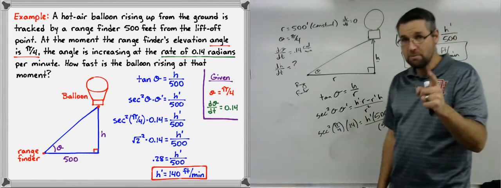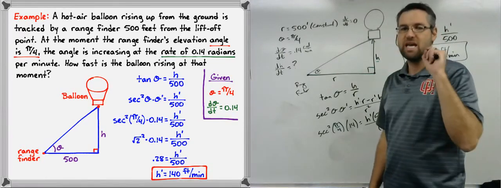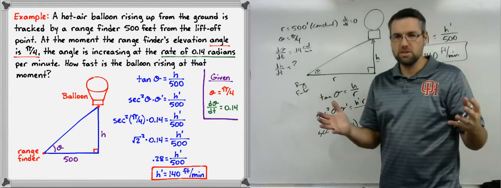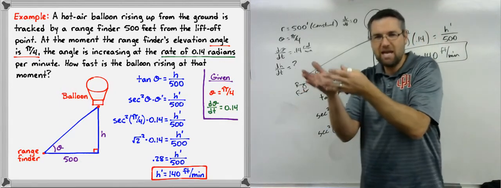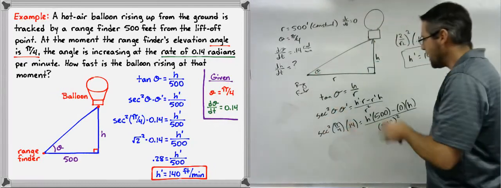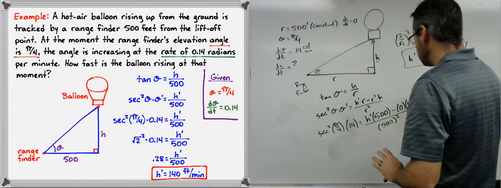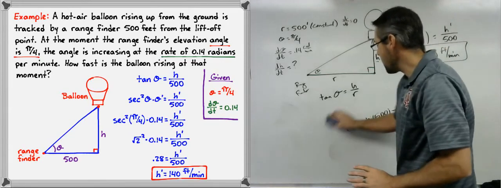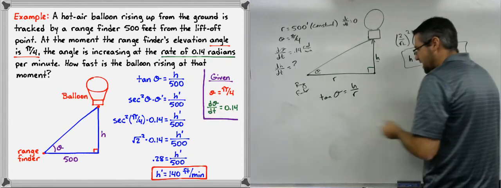There is one exception to that, and that exception is if a value is a constant value, you know it's not changing, well then when I take the derivative of that constant value, I'm going to end up with 0 anyways. So I can actually rework this problem probably a little bit quicker, because I recognized that r is a constant. So I'm allowed to plug that in early.